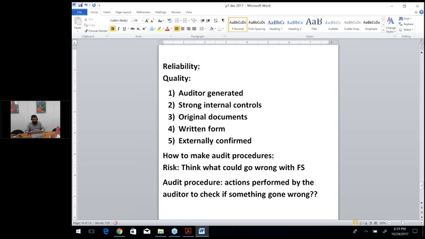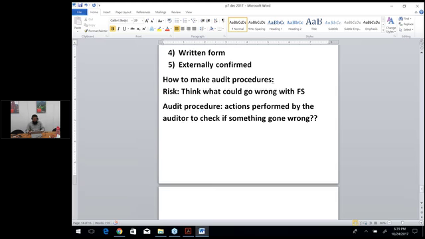Generally speaking, the audit procedures are AEI square. I am unable to make this square sign, but it is basically square O and U. So what exactly is it? It is analytical procedures. Then there is external confirmation.